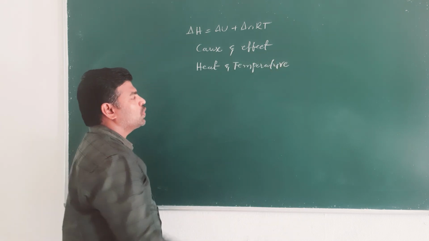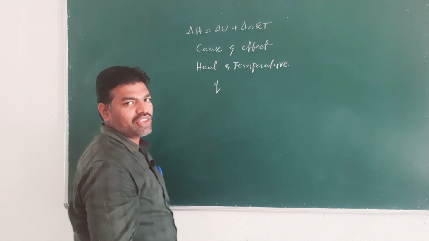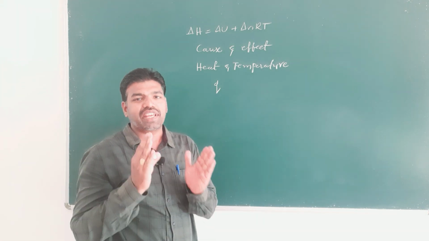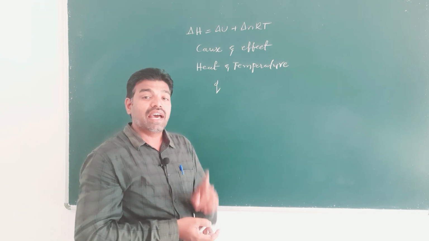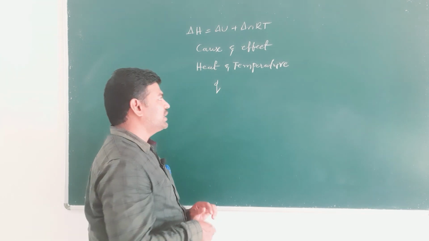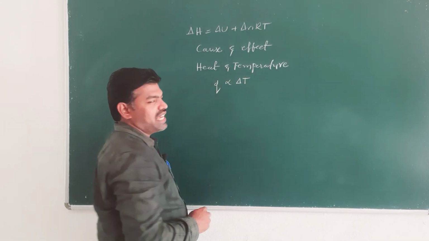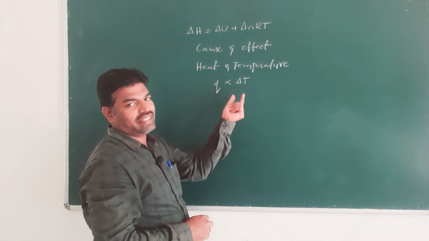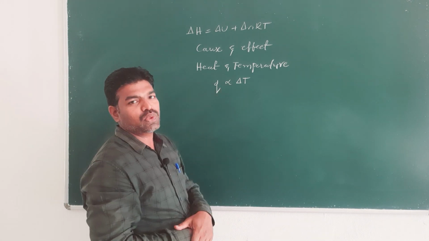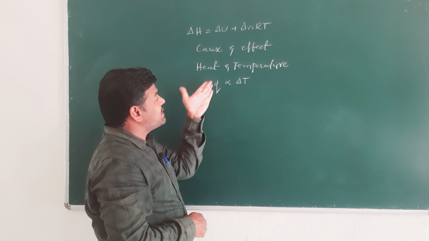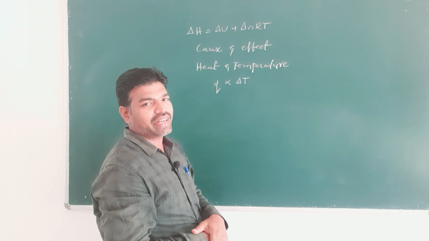So, when we supply Q amount of heat to the system, its effect can be seen in the rise in temperature. Q is directly proportional to the rise or change in temperature, that can be written as delta T. So, Q is directly proportional to delta T, that is, cause is directly proportional to effect.